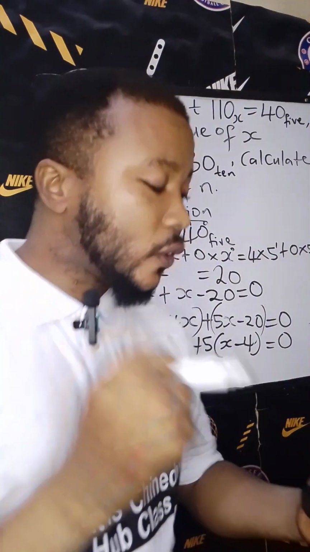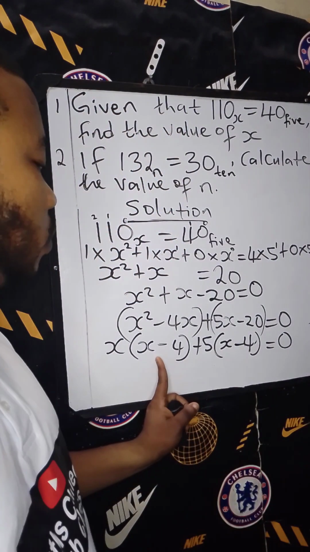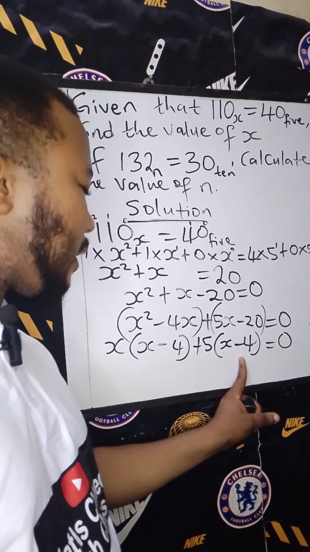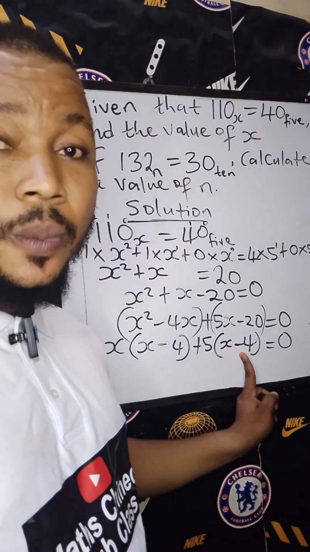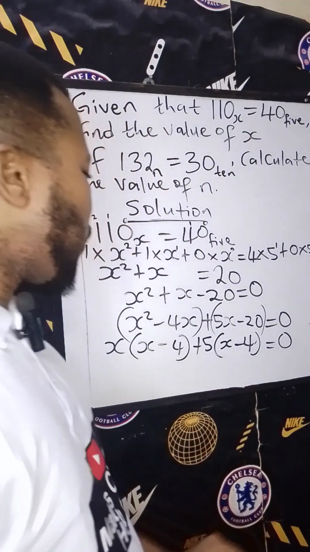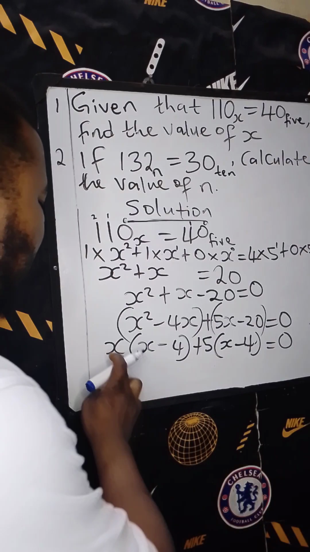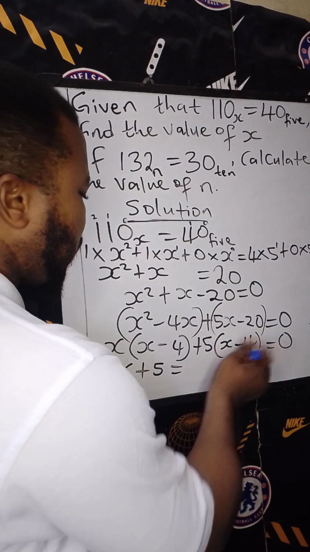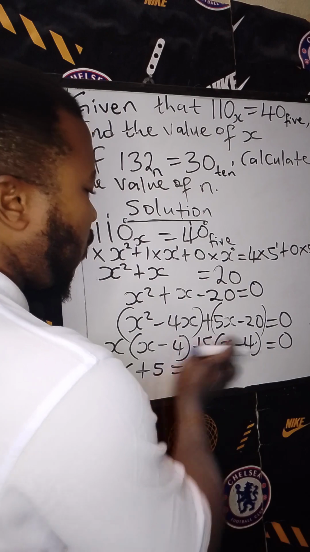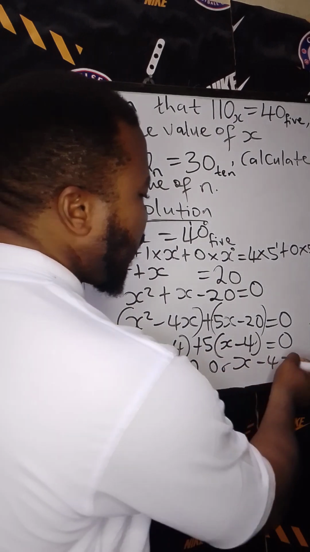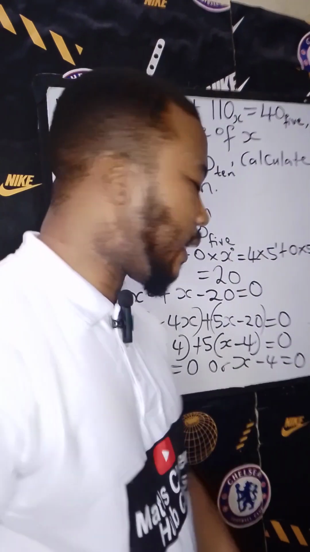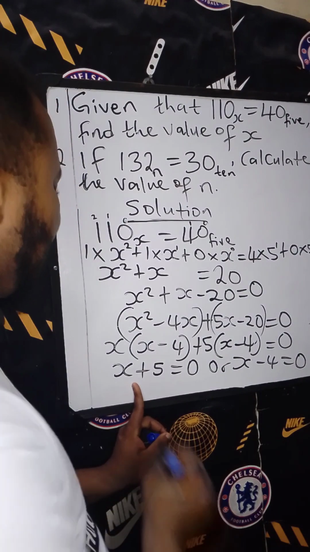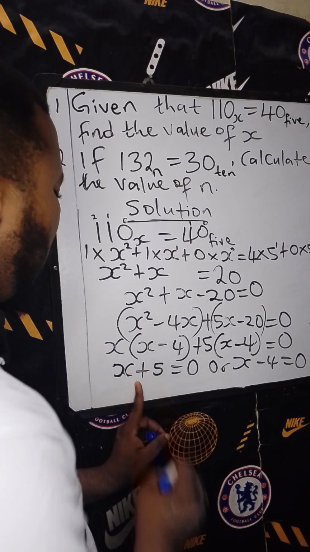Now, take a note of something. You must always have the same thing inside the bracket. x minus 4 and x minus 4. Is that okay? Okay. So in this case here, we can now take this x plus 5 is equal to 0, or we take one of these, x minus 4 is equal to 0. Okay, so now let's get the final value of x.